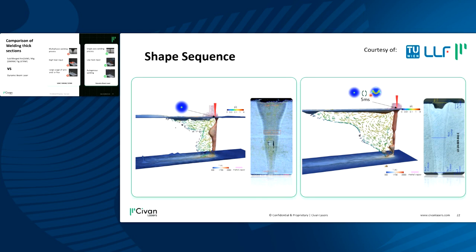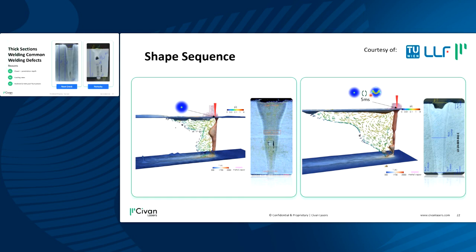And just to give one example of where this comes in handy and what the benefits of the lasers are, we are comparing two common methods today. The first is arc welding, either MIG welding or submerged arc.